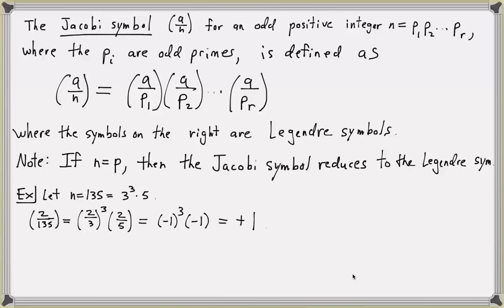However, 2 is actually a quadratic non-residue mod 135. We can tell that because 2 is a quadratic non-residue mod 5, so it can't be a quadratic residue mod 135.